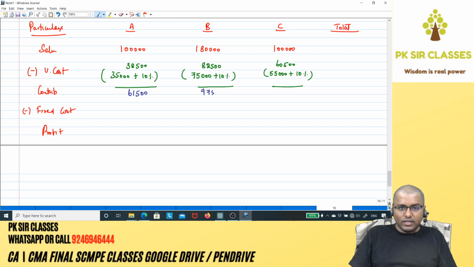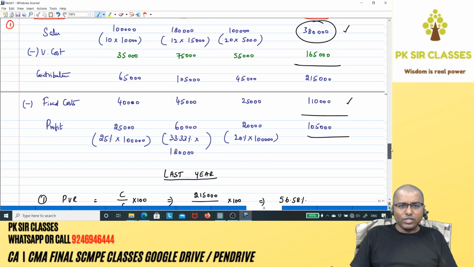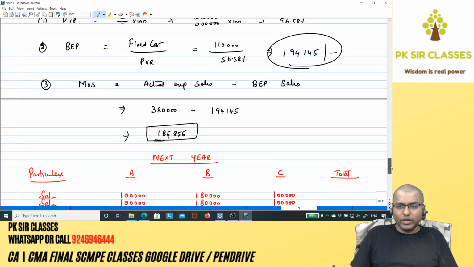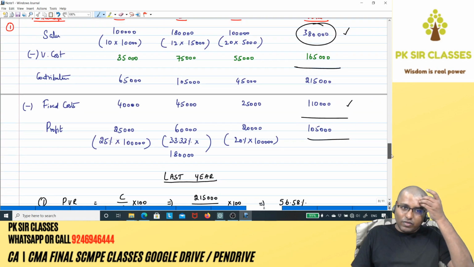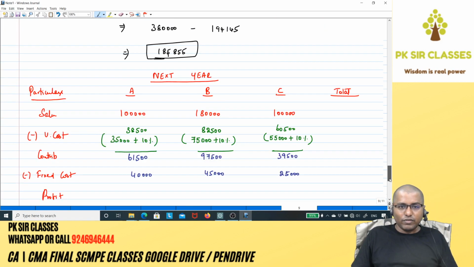This is 97,500. Next, 1 lakh minus 60,500, 39,500. Okay. From this, I need to reduce fixed cost. Fixed cost will not change. How much is fixed cost? 40,000, 45,000, 25,000. I hope I am correct with the figures. That is your fixed cost, right?